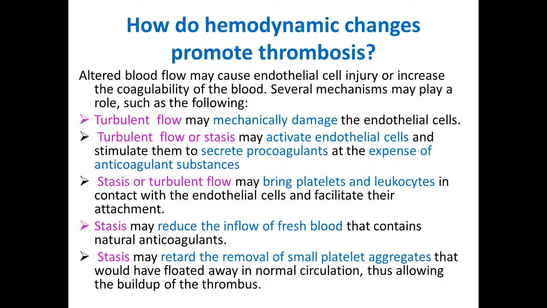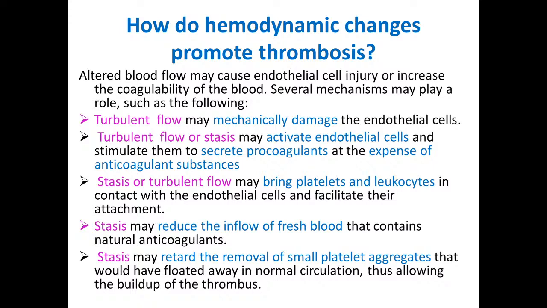Turbulent flow may mechanically damage the endothelial cells. Turbulent flow or stasis may activate endothelial cells and stimulate them to secrete procoagulant at the expense of anticoagulant substances.